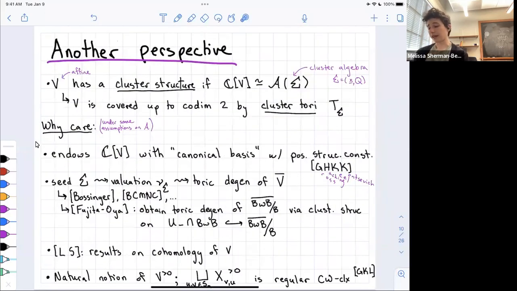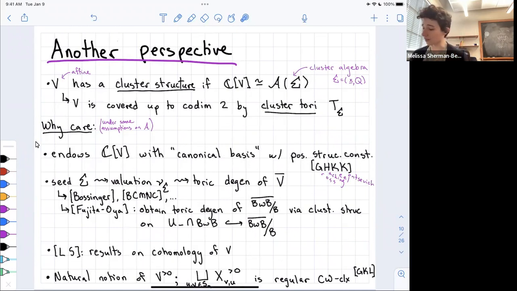Okay, so that's what having a cluster structure means, but why care? Under some reasonable assumptions on the cluster algebra, if your variety has a cluster structure, then it automatically endows the coordinate ring with a very nice basis, sometimes called the canonical basis, which has positive structure constants.